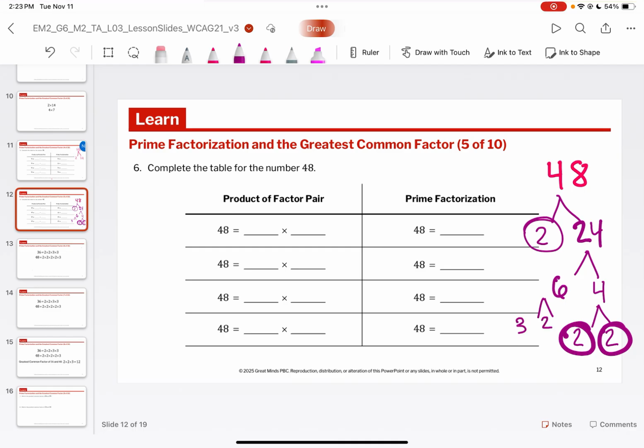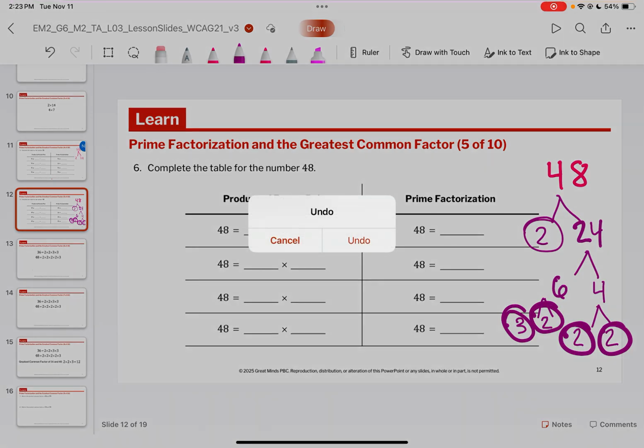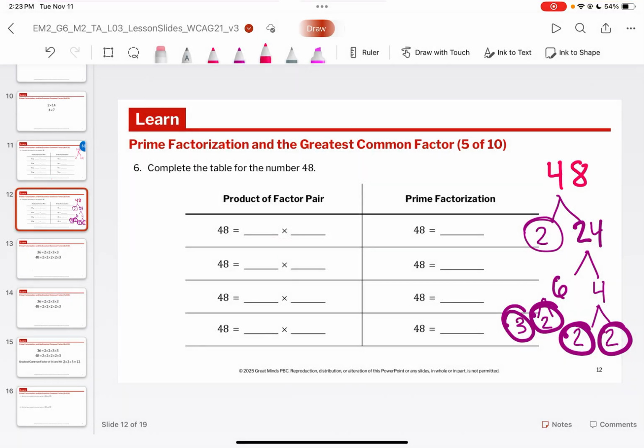Are these prime numbers? Yes, ma'am. All right. Do I have any more numbers left that are not prime? So I am done. How many 2's do you see? 4. Cross it out when you're done. 2 times 2 times 2 times 2, and then what's left? 3.